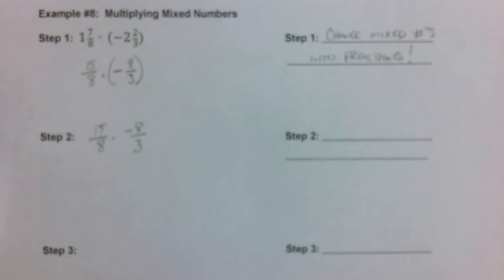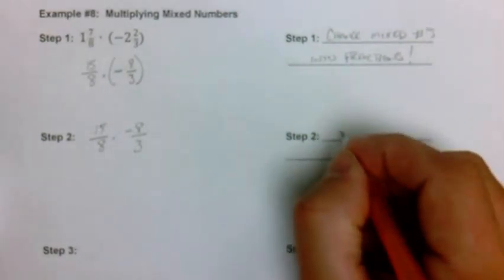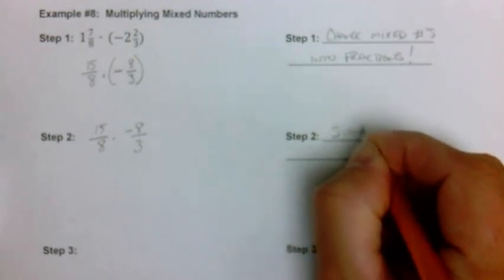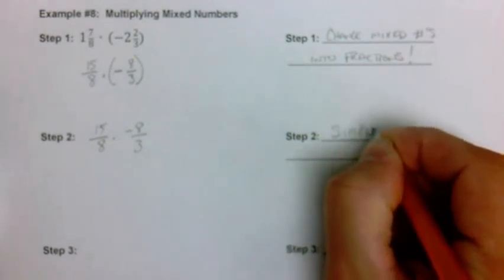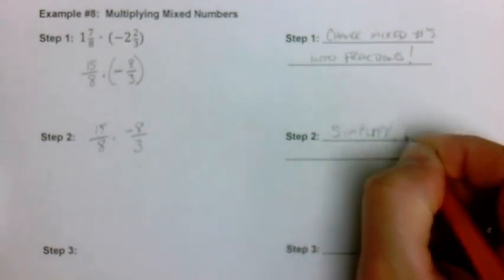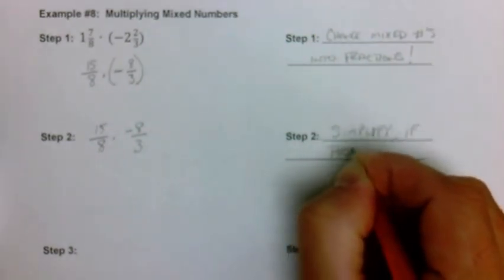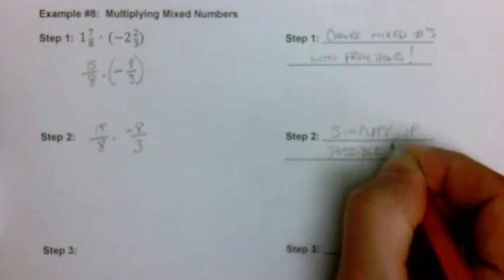And what I'm going to do next, before I multiply, I'm going to see if it's possible to simplify. Step 2, simplify if possible. You're looking for a numerator and a denominator that have a common factor.